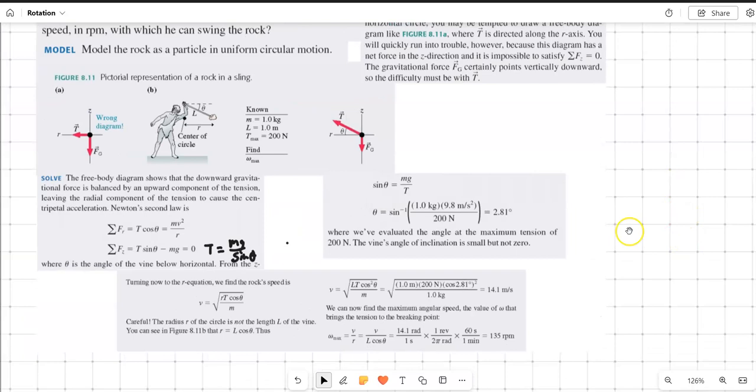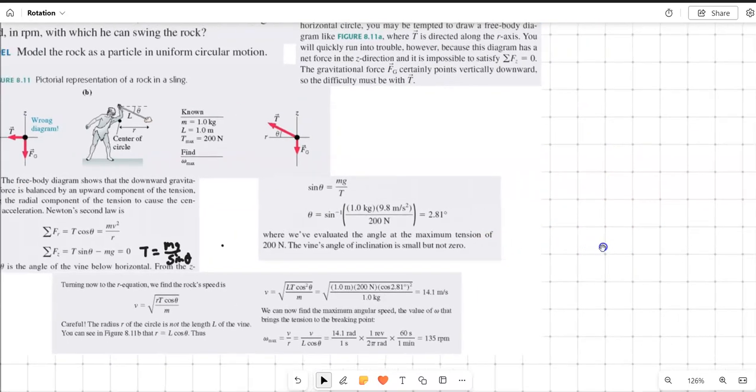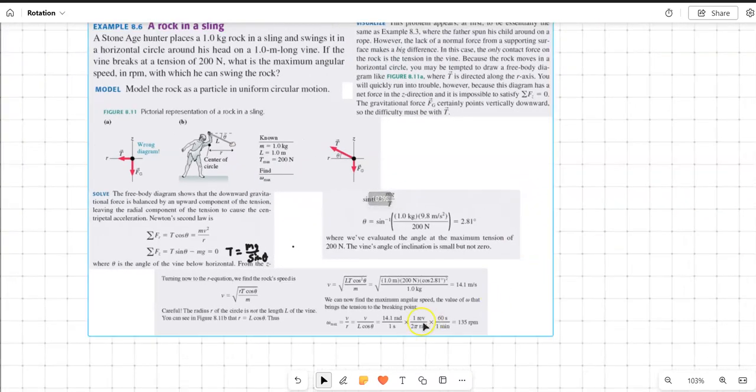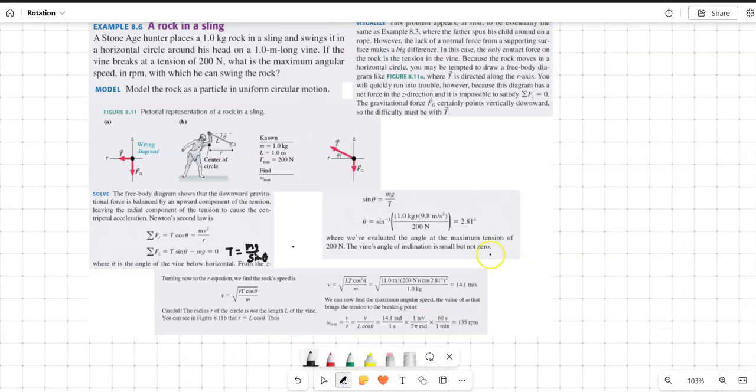That y direction motion gives T equals mg over sine theta. That comes from the y direction force diagram.